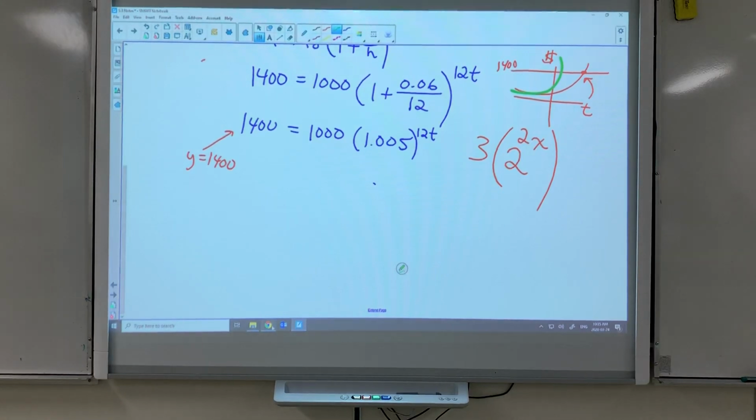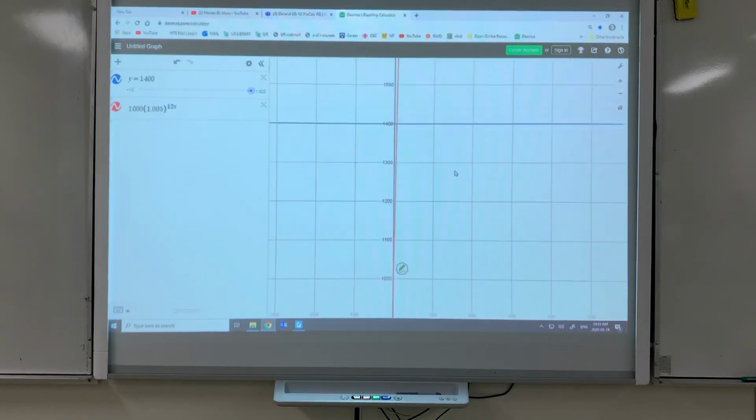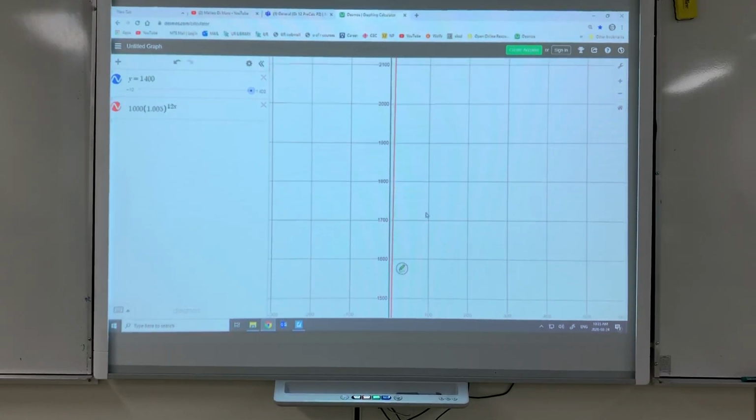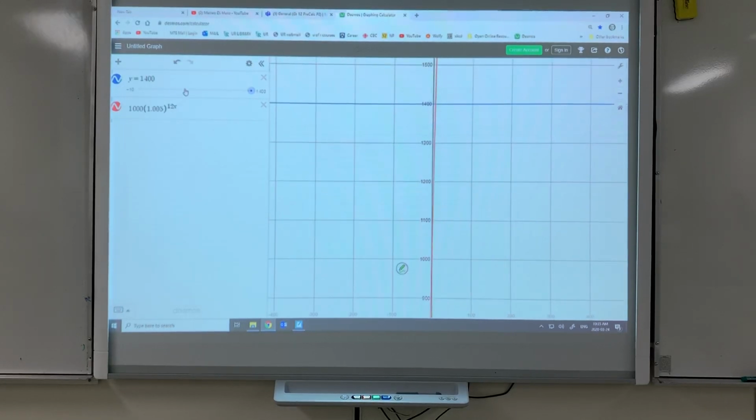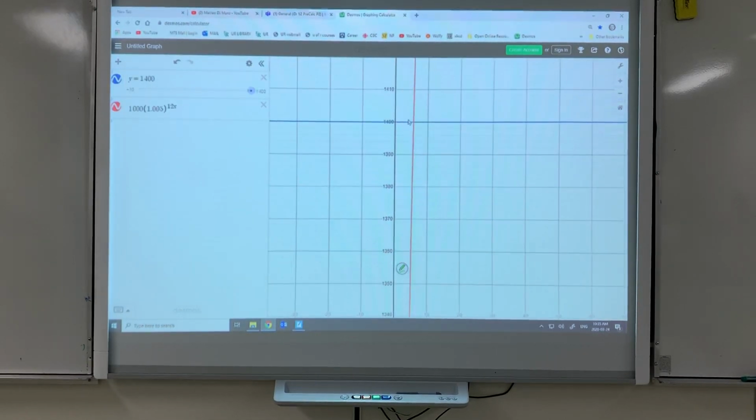Now I've been clever because I've done this 3 times now, and I already input all the equations. So here's our exponential function, the red line. You can see it's super steep, and we got it here on the negative x values, and if we scroll up, eventually we cross over into the positive t's. Okay, and then I typed in the equation for the line y equals 1,400. I'm just going to zoom in here. So there's $1,400.